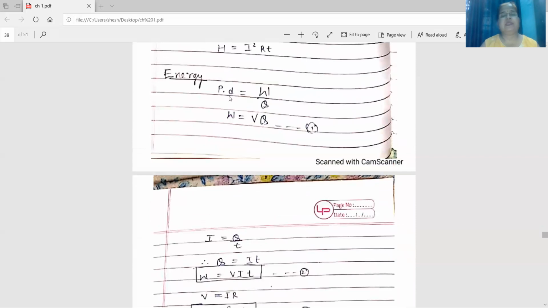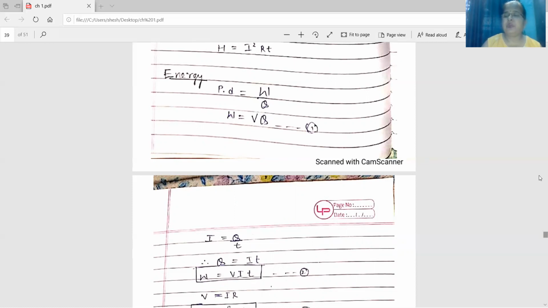We all know potential difference is the amount of work done in moving unit charge from one point to another. So potential difference equals W by Q. Cross multiply, W equals potential difference into charge Q. W equals V into Q. Let it be equation number 1.